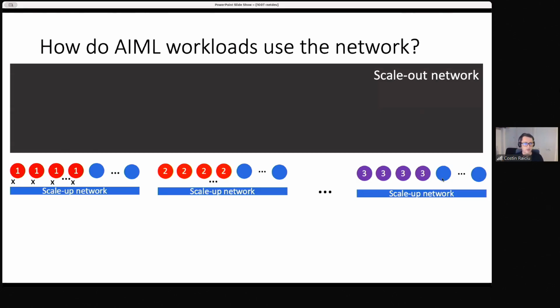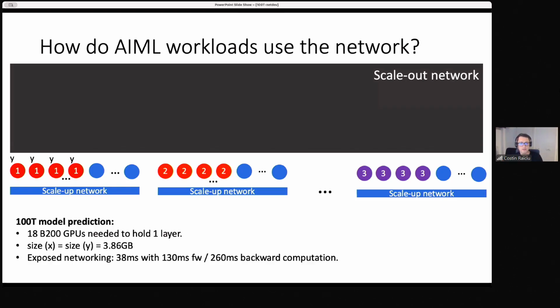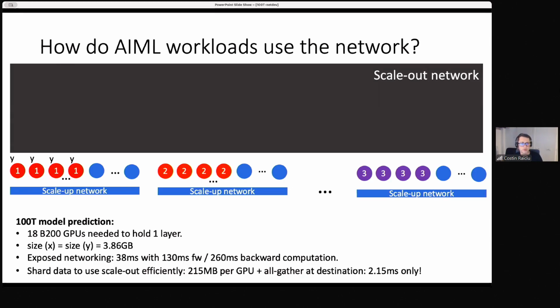So basically what's happening is you have the inputs coming, some training text comes in, and then these guys basically compute some output. And if you look at the size of this output, it's around 4 gigabytes, okay? So what you want to do is to basically send these Ys here to the second rack.